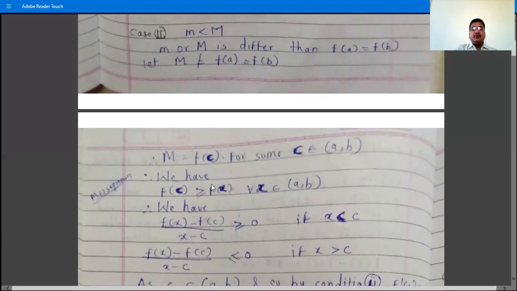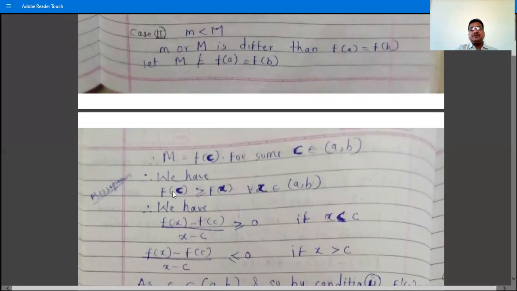Therefore we have f(c) greater than or equal to f(x) for all x belonging to the open interval (a, b), because capital M is the supremum of the set of all images. That is, f(c) is greater than or equal to f(x) for all x belonging to the open interval (a, b).